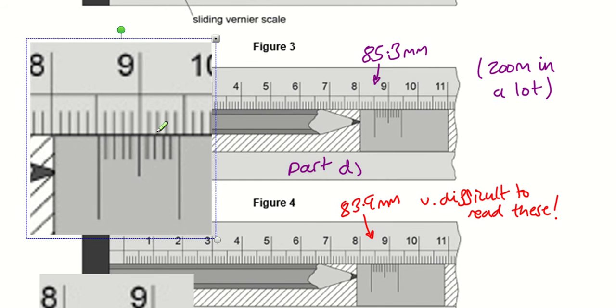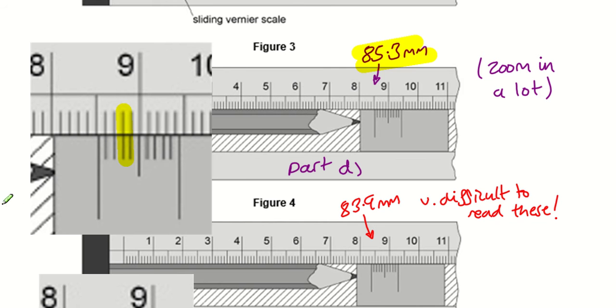If you zoom in a crazy amount, I did this on the Word file, you can get it to 85.3. 85.1 to 85.3 is where they're lining up, maybe 85.2. It doesn't zoom very well in Word, but to me it looks around the 0.3-ish. So I've said 0.3.